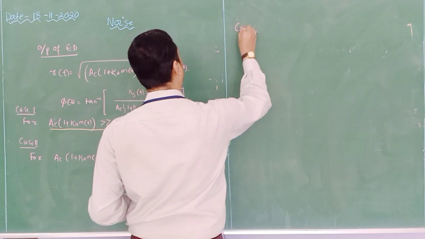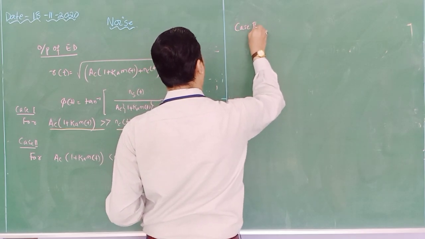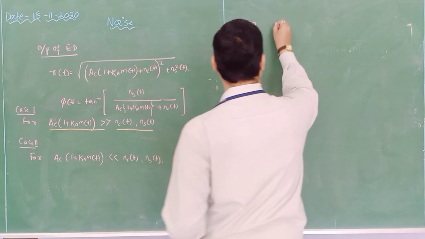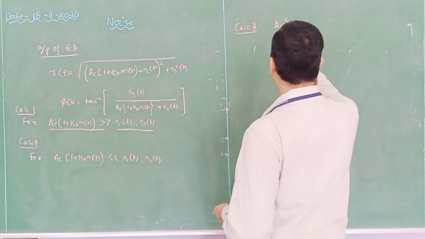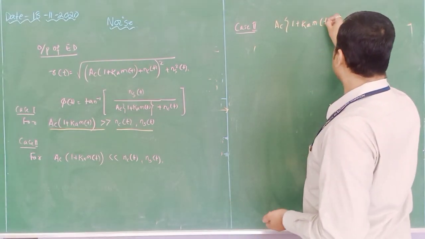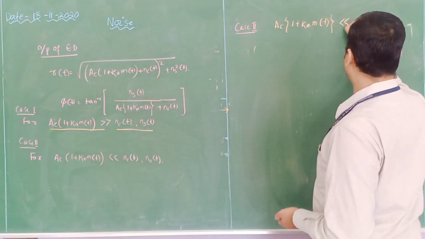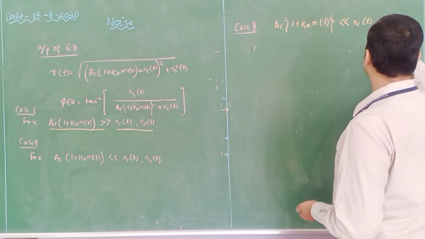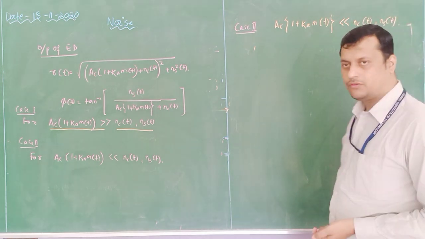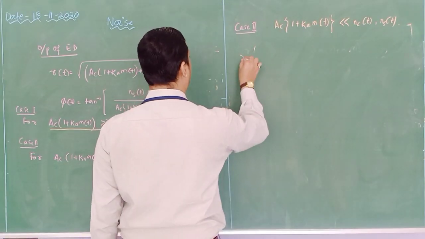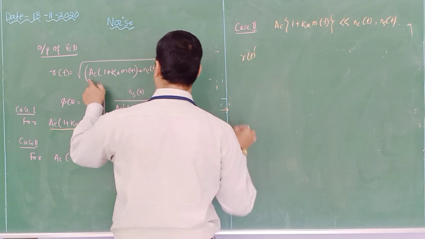So case 2, we will discuss now. Case 2 states that if the amplitude of the received modulated signal is very small compared to the noise component, what will happen? Let's see. So my R of t is this equation.